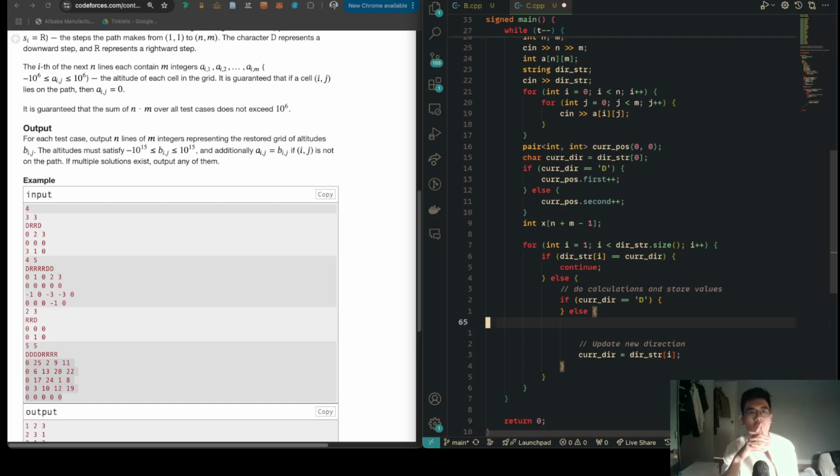So then when you do that, you solve for the current position.